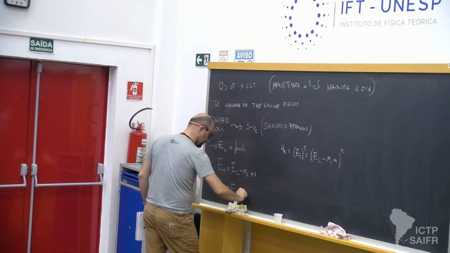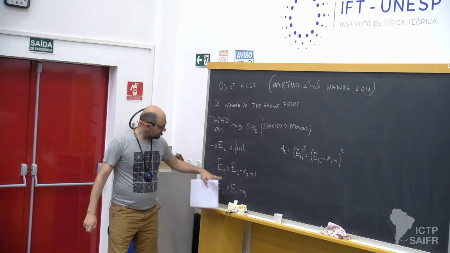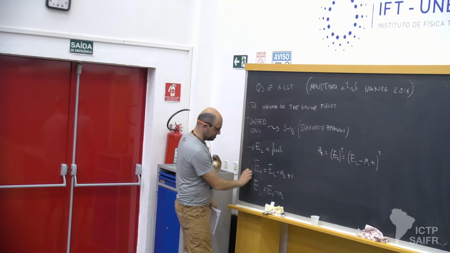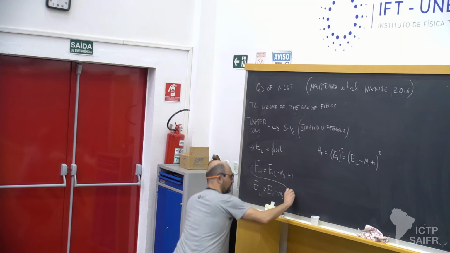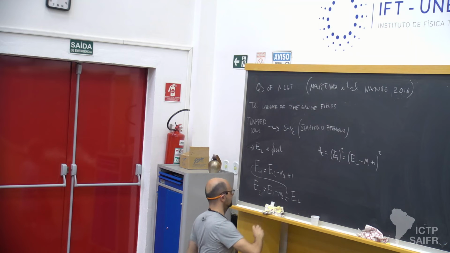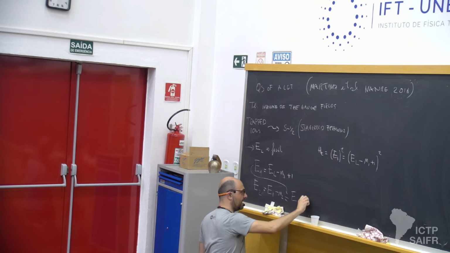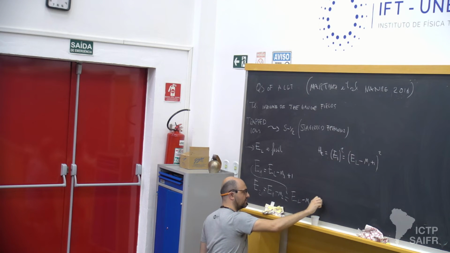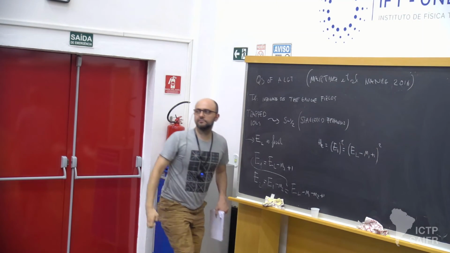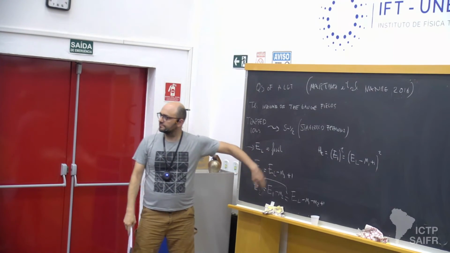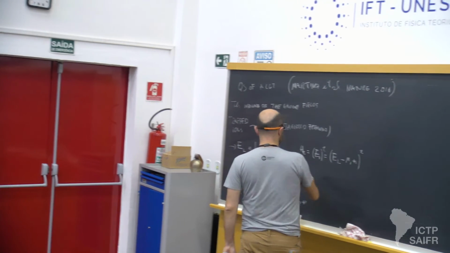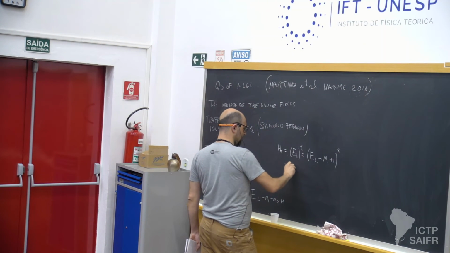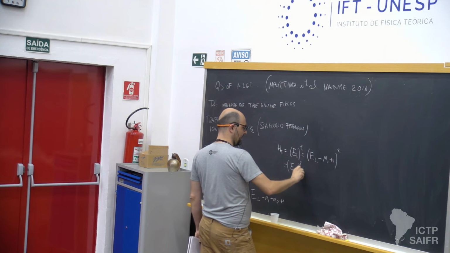minus N2. But E1 is given by this formula. We put it here. This will be equal to EL minus N1 minus N2 plus 1. And you go on with this. Okay? So the electric field of the second one will be E2 square, and so on.